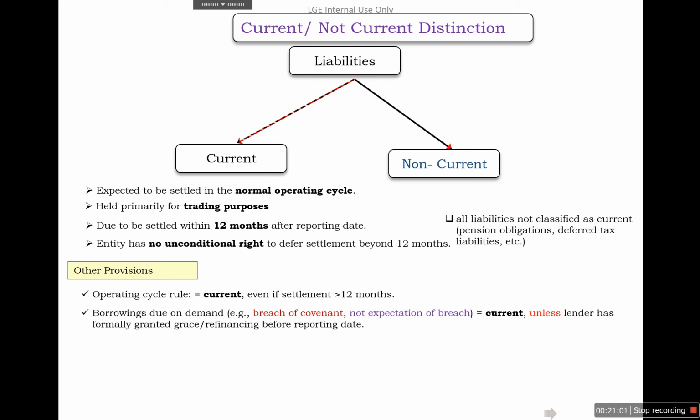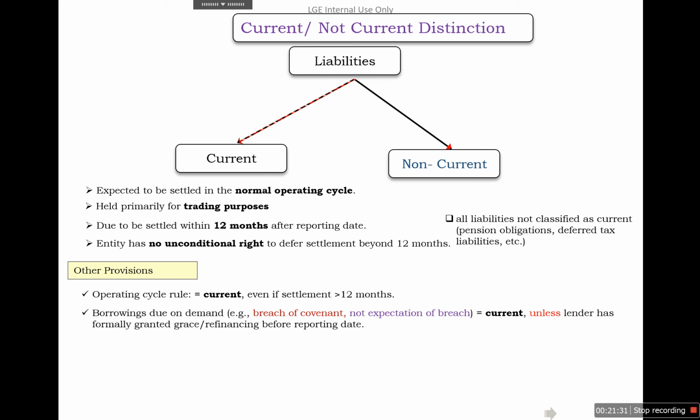Otherwise, if borrowing is due on demand, or there is a breach of covenant and the loan has been converted to due on demand, it will be classified as current.